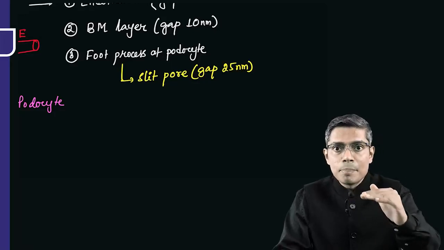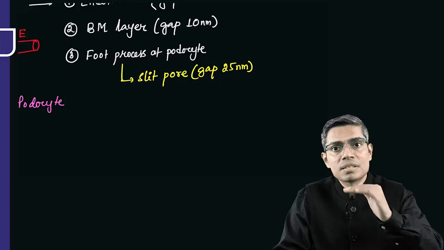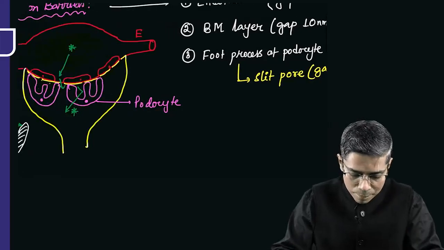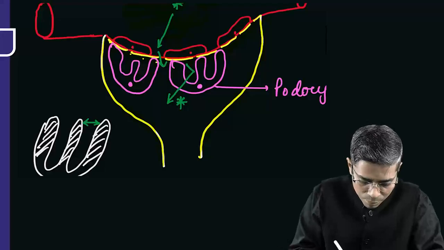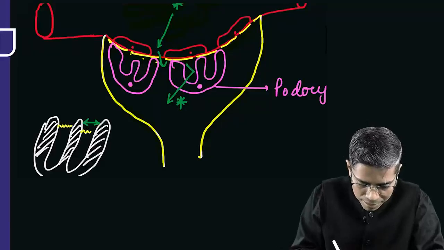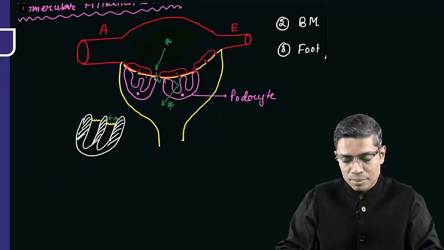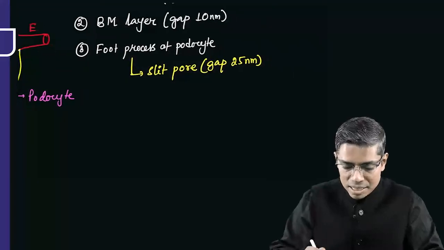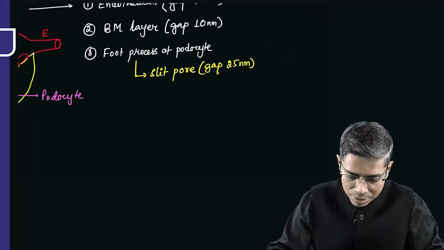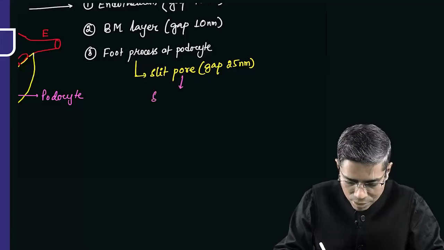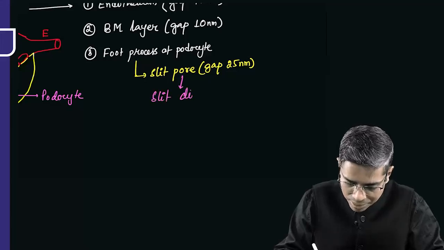There is a thin membrane present at the level of this slit pore. So there is a thin membrane guarding this slit pore, and this thin membrane is known as the slit diaphragm, right? So I'm writing here, the thin membrane which is present at the level of this slit pore is known as slit diaphragm.